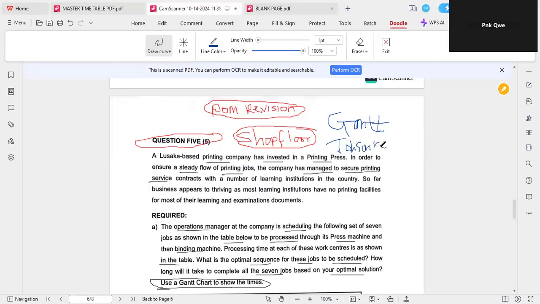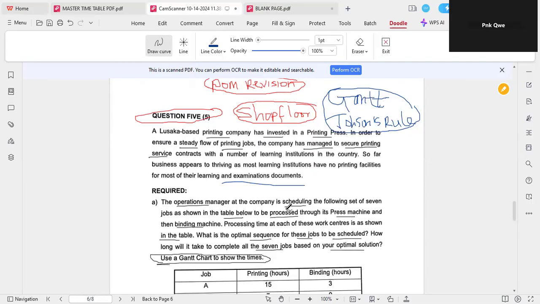For those who are just joining, a Lusaka-based printing company has invested in a printing press in order to ensure a steady flow of printing jobs. The company has managed to secure printing service contracts with a number of learning institutions in the country. So far, business appears to be thriving, as most learning institutions have no printing facilities for most of their learning and examination documents required.